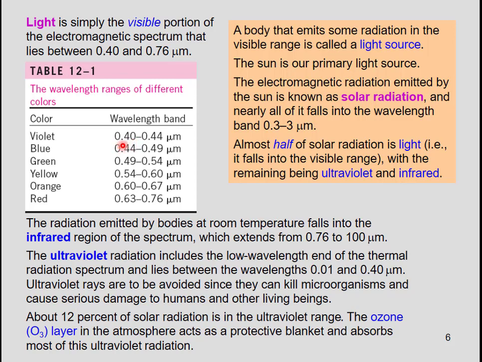When the wavelength is 0.4 to 0.44 micrometer, it will be violet. If its wavelength is 0.44 to 0.49 micrometer, it will be blue, and so on. So you can see from violet to red, this range is increasing.